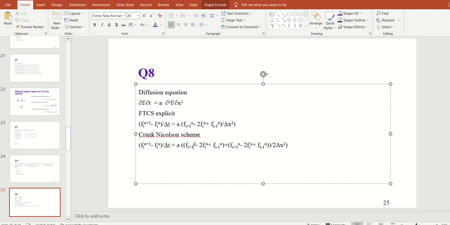Putting together all these, we will get the Crank-Nicolson scheme. Another thing is Dufort-Frankel.